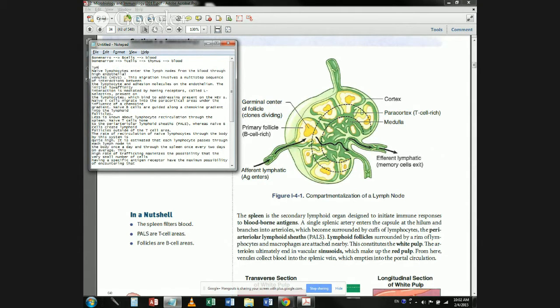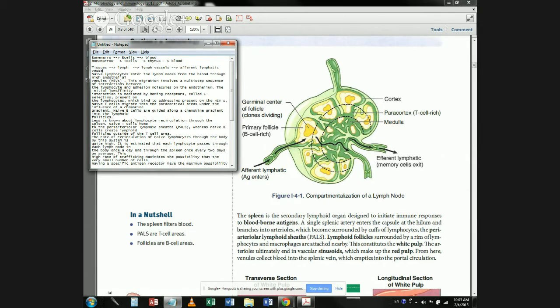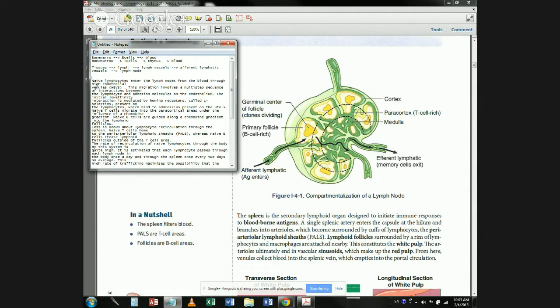And on the other hand, you have lymph, right, which comes from tissues. Tissues give rise to lymph, and lymph will go into lymph vessels, and they will enter afferent lymphatic vessels to enter the lymph node. Okay, so we have established that. Now, we're talking about naive lymphocytes, right?